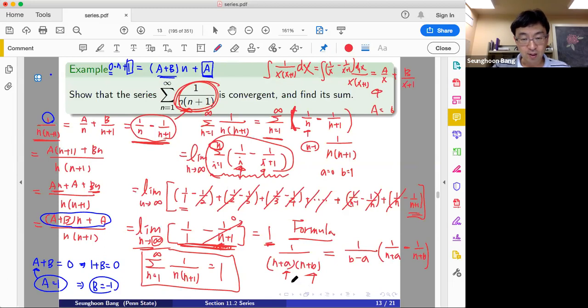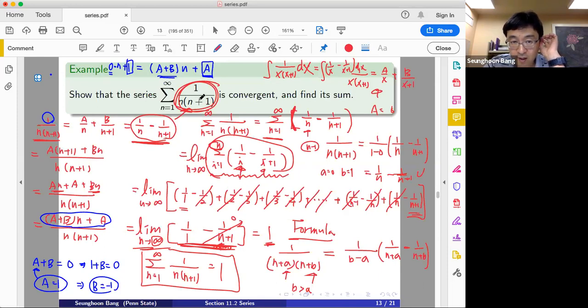In this case, b is greater than a, that's a key part. So you can use 1 over b minus a, which is 1 minus 0, times 1 over n minus 1 over n plus 1. Just use the formula. Exactly: 1 over n minus 1 over n plus 1. So that's it. We can use partial fractions, right? This is another method for solving this problem.